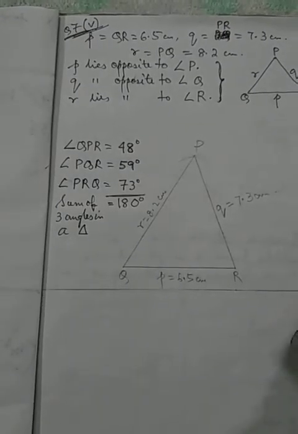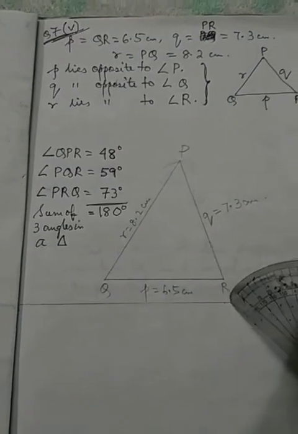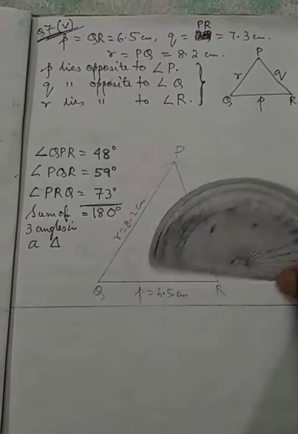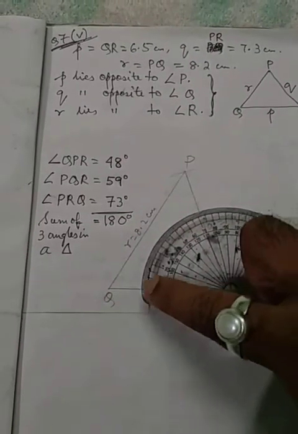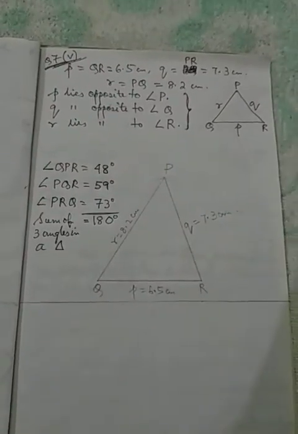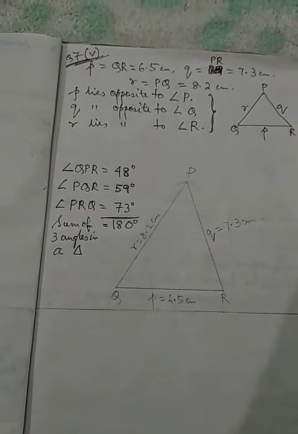Then let's say I come to measure angle R. When you want to measure angle R, you have to keep it this way, and then you will be measuring clockwise. When you measure clockwise, you have to read the outer value.